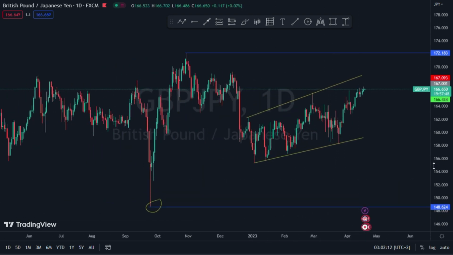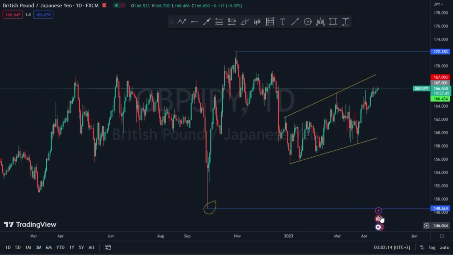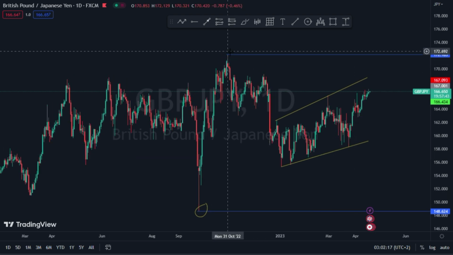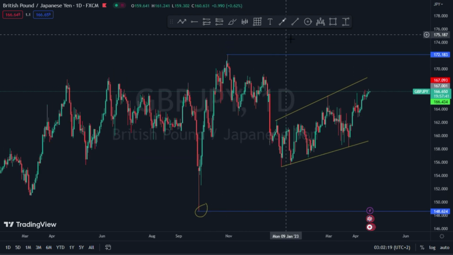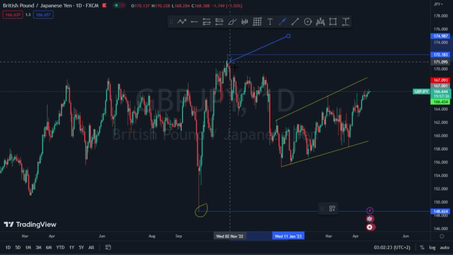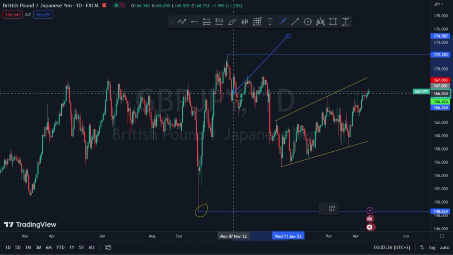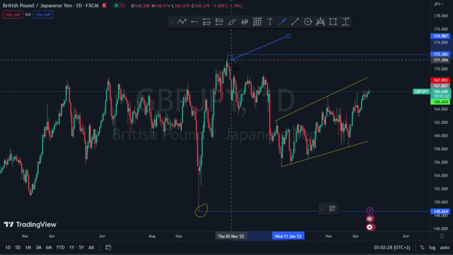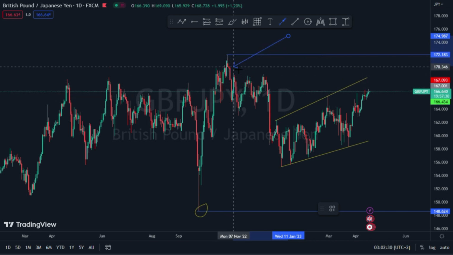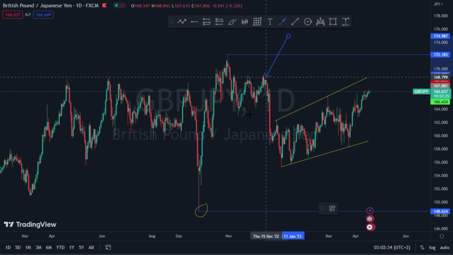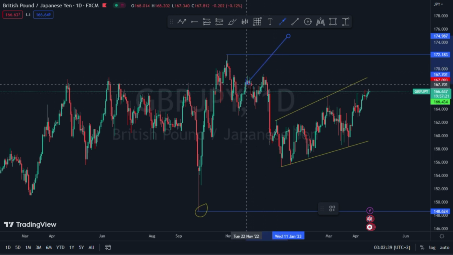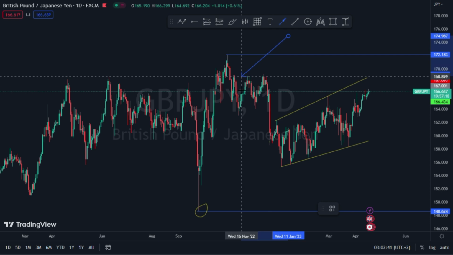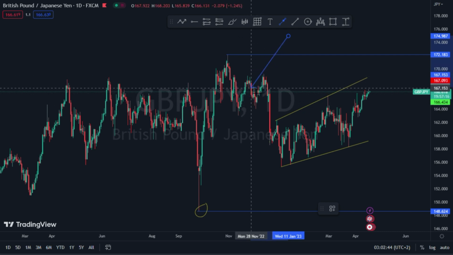moving forward, the market did what it had to do. The market pushed all the way to the downside. Now remember, as I always say, if the market pushes impulsively, or whenever you see a strong movement in the market without the market resting, the market will form some sort of a correction, and that correction will be in a form of a structure, and that structure being the higher highs and the higher lows, right?